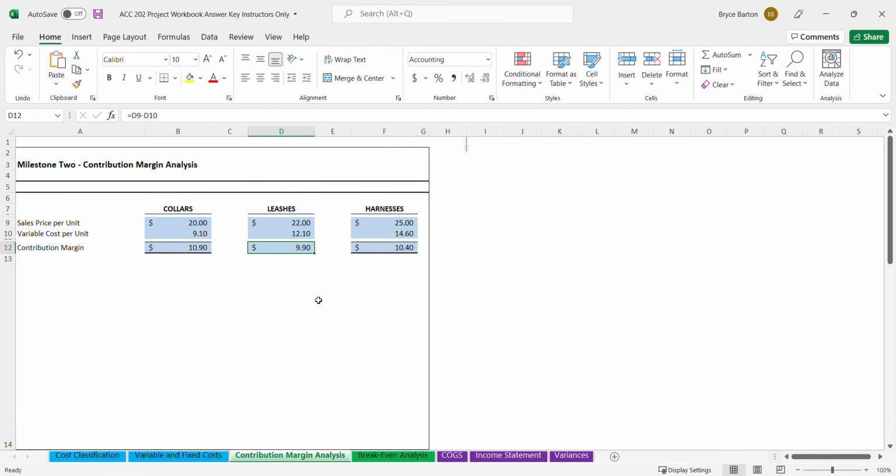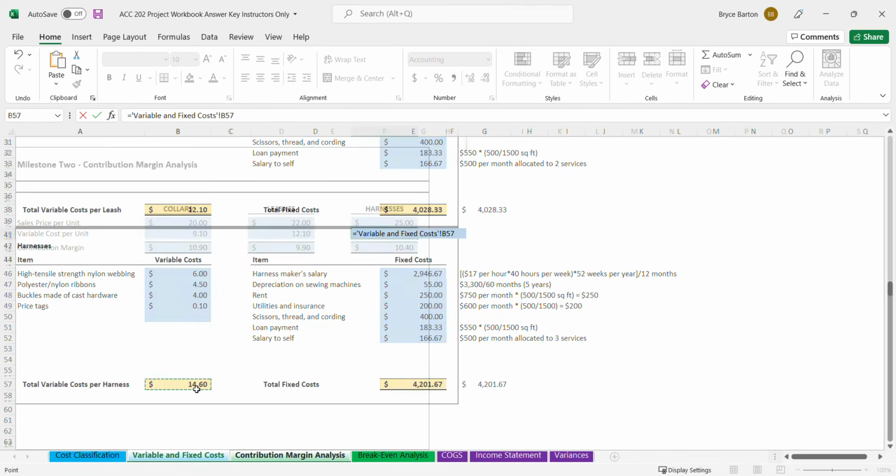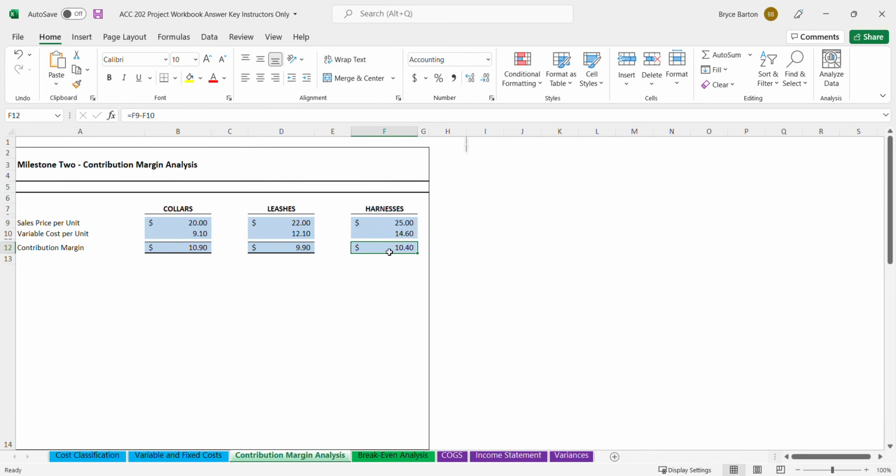Our contribution margin with leashes is $9.90. Same thing with harnesses, with price points at $25, $30, $35. I'd pick $25, but you can pick whatever you want. The variable cost per unit, we already calculated that, so I click it and enter. And again, the formula is just $25 minus $14.60, which gives us our contribution margin.